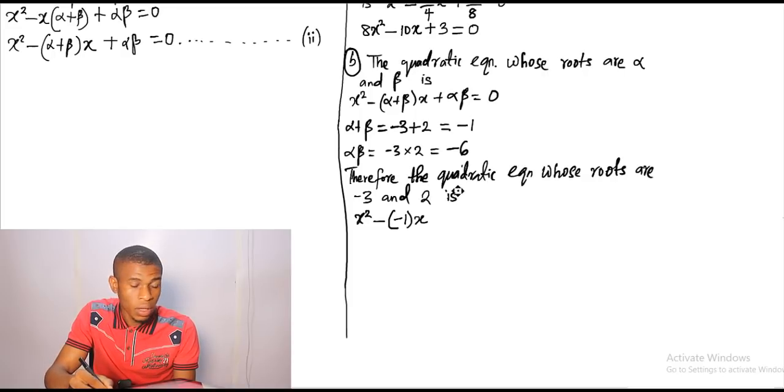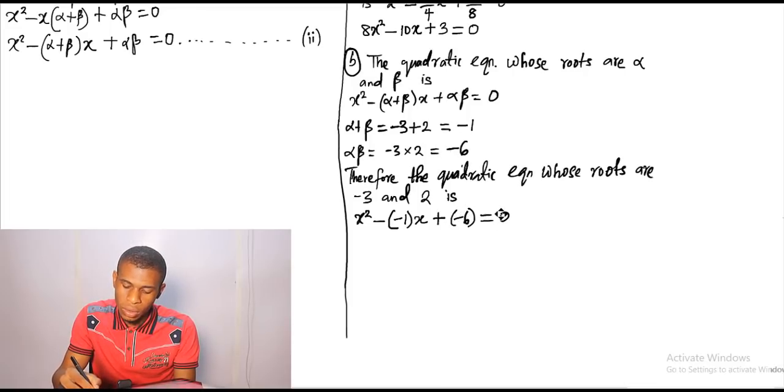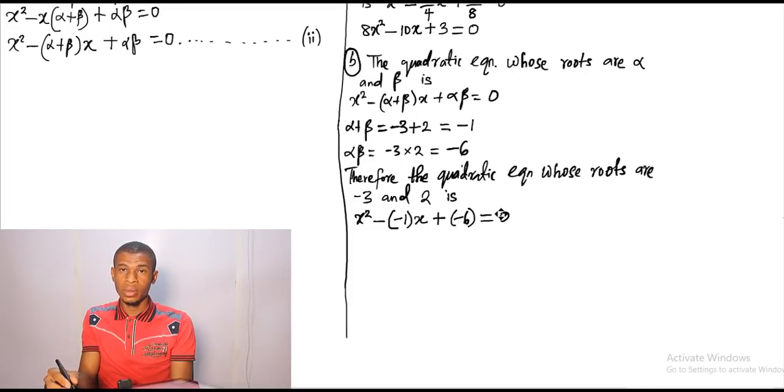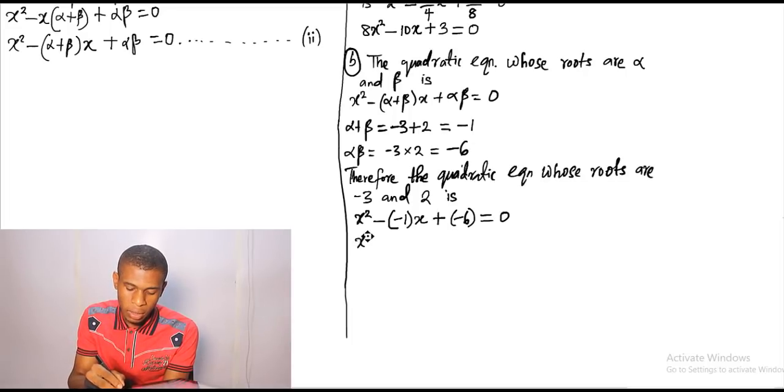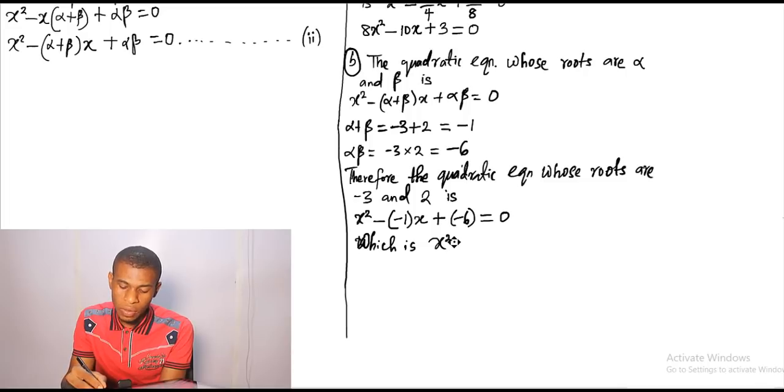What is your value for alpha beta? Still have plus. Your alpha beta is minus 6, equal to 0. Now, simplify. You still have x squared, minus times minus 1, you have plus, because negative multiplying negative will be positive, x, then plus times minus will give you minus 6, all equal to 0.